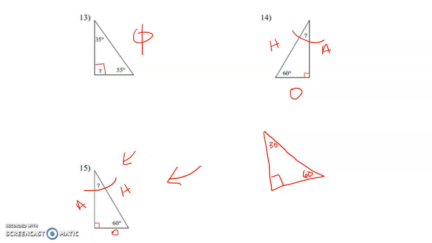But if the angle of interest changes, if they say, now I want to focus on the 60-degree angle, well, now the hypotenuse does not change positions. It's in the same position. But now my adjacent is down here and my opposite is there. So if your angle of interest changes on the same triangle, you have to relabel it for your problems.